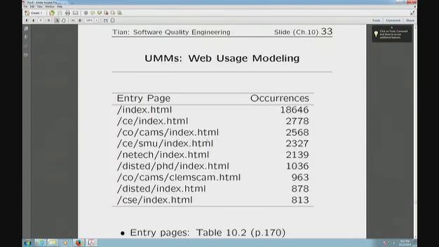It's interesting that the entry pages include the index page for the whole school, and the entry page for civil engineering, SMU, something like that. And oh, that's computer operations. They have some cameras, and somehow some people bookmarked those, so they always want to look at them.